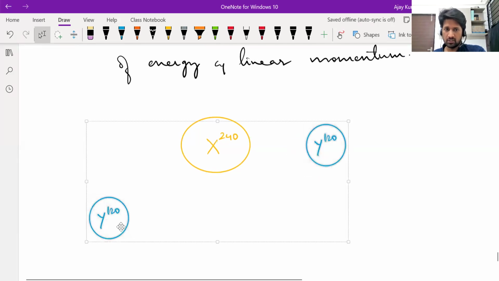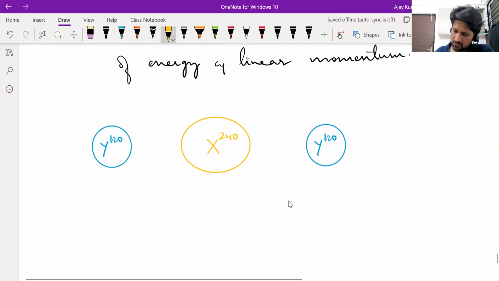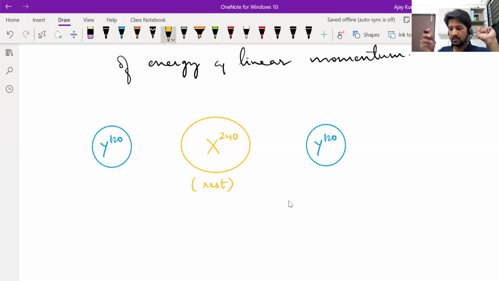Now, these two daughter nuclei that are formed will have kinetic energy. In fact, the parent nucleus also might have had kinetic energy. We don't know, but you can assume it's at rest. Let's say the unstable nucleus X240 was at rest. If it splits into two fragments, those two fragments will be moving. And because the initial system was at rest, total linear momentum is zero.